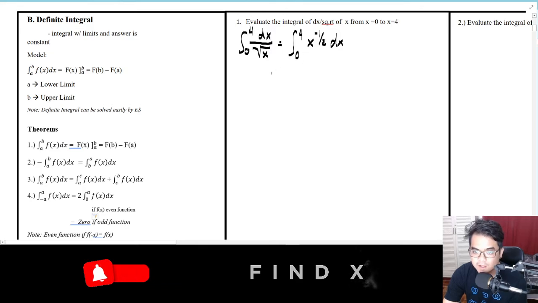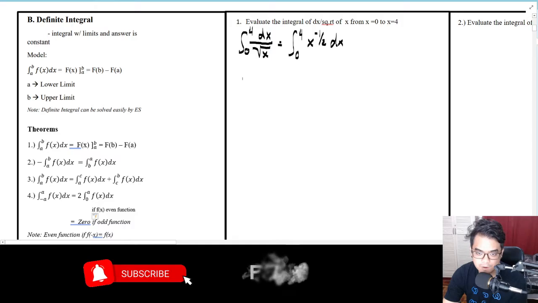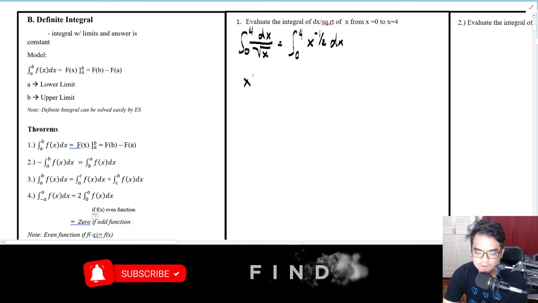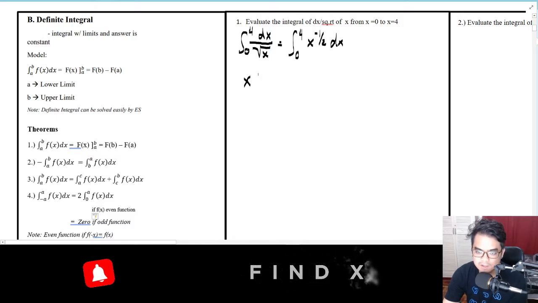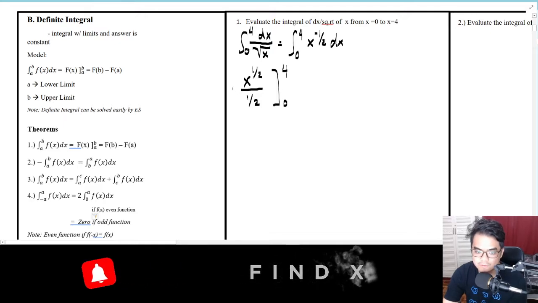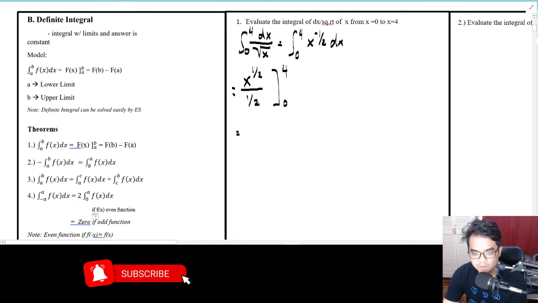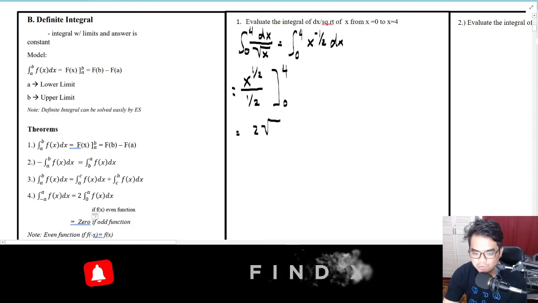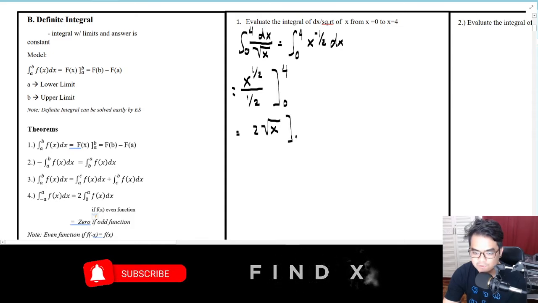Okay, and then applying the power rule, it will become negative 1/2 plus 1, right? You have to add the 1, so you have here x to the 1/2 all over 1/2. Okay, and then the limits of this one will be 0 to 4. And then simplifying this one, you'll just have here 2 square root of x, limits from 0 to 4.